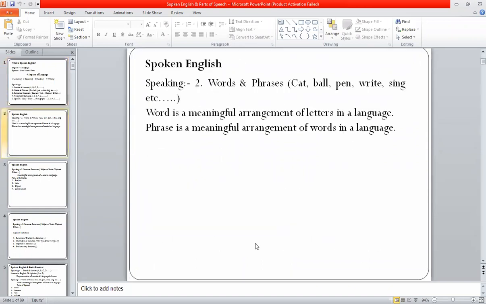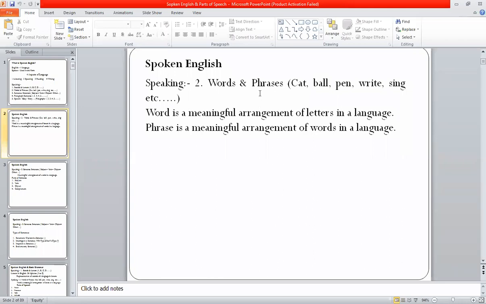Let's discuss the definition of the word, which they have given. What is a word? A word is a meaningful arrangement of letters or sounds in a language.